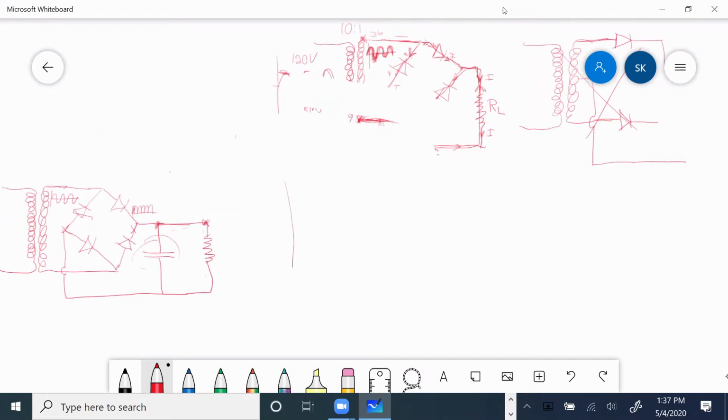So the voltage charges the capacitor and it wants to discharge. Can you see that it was like this before?